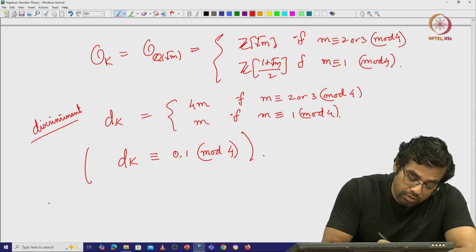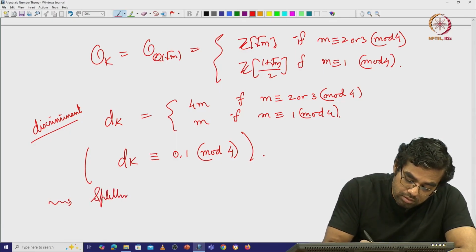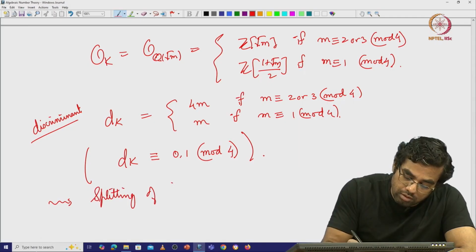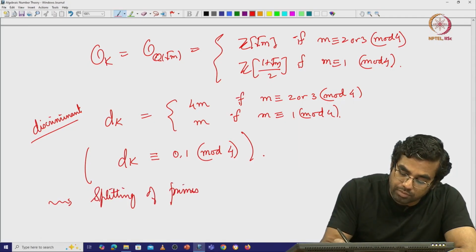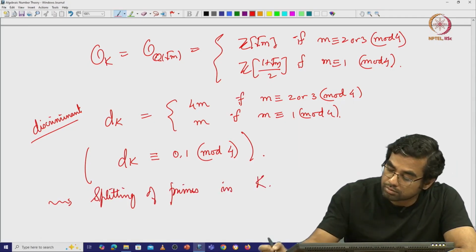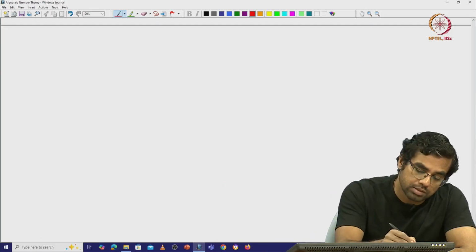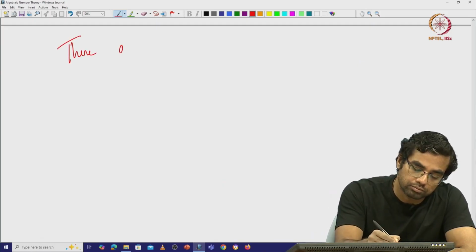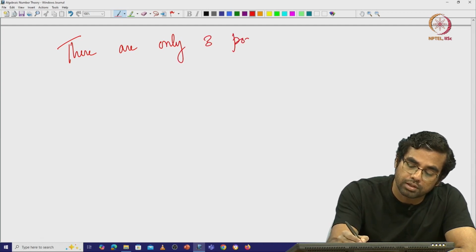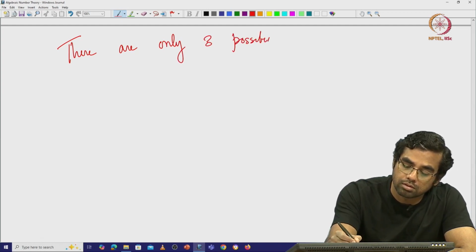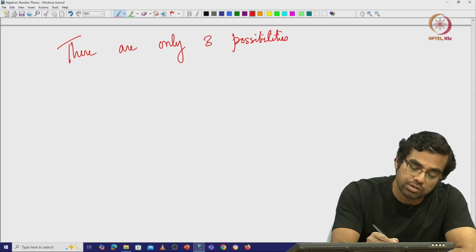So, the next thing we look at is the splitting of primes in K. There are only three possibilities, because we are in a quadratic extension.